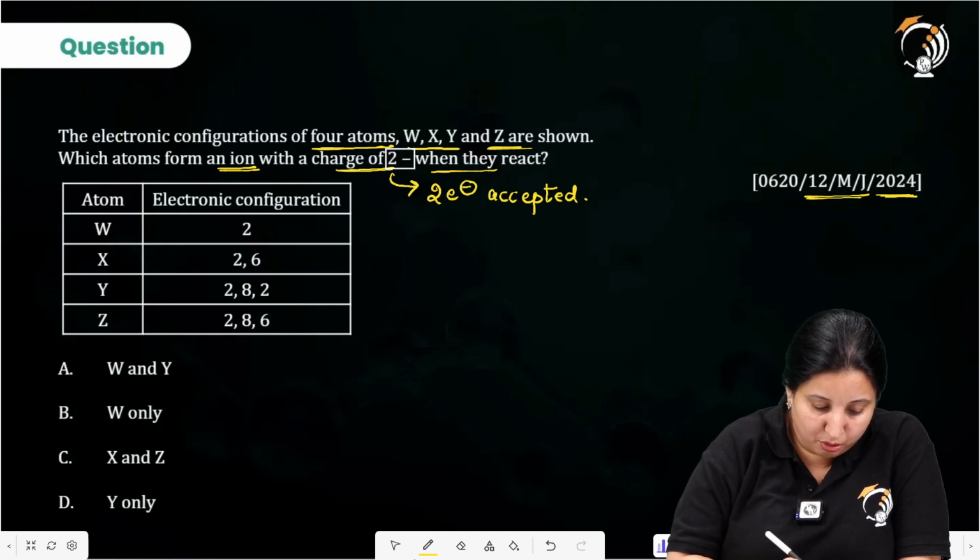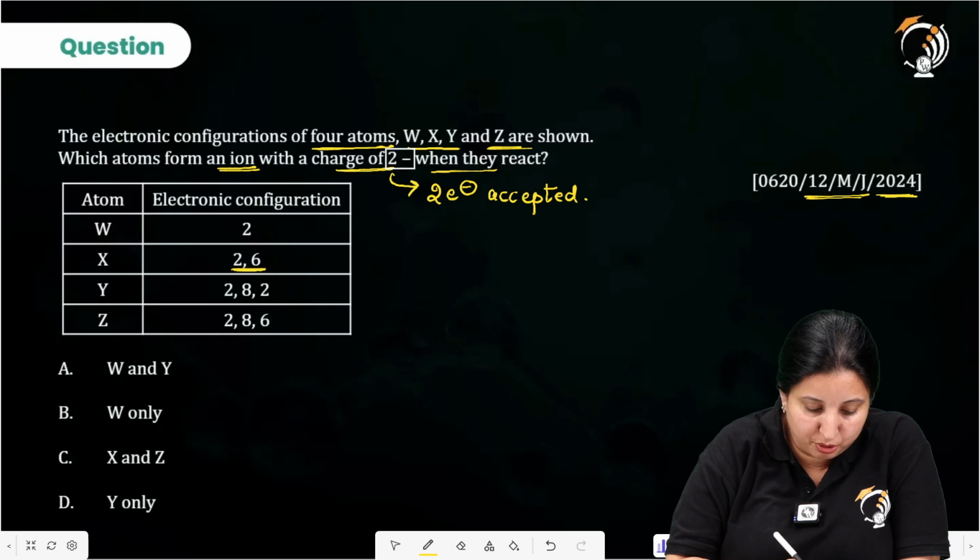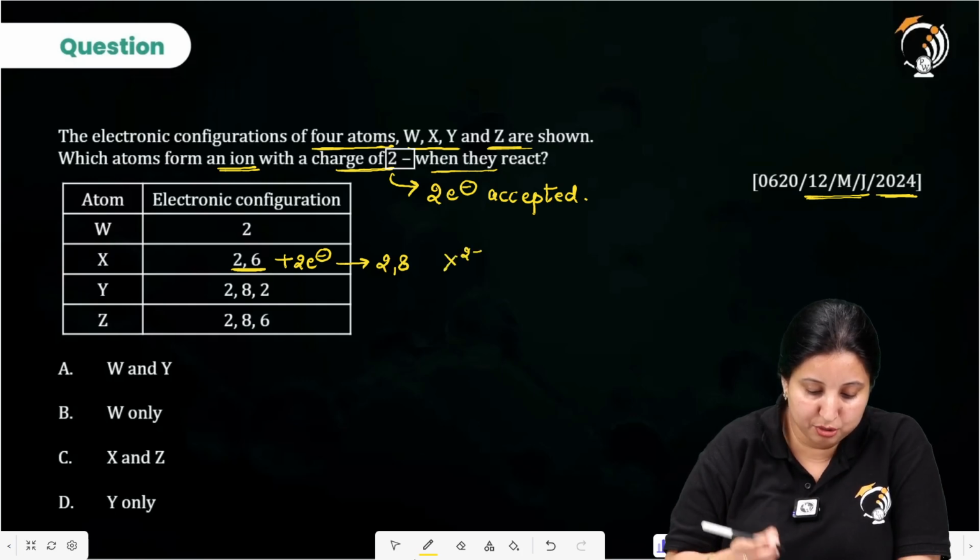So over here, if it is going to accept the 2 electrons, it is going to become 2 8, and it is going to get the charge of X2 minus.